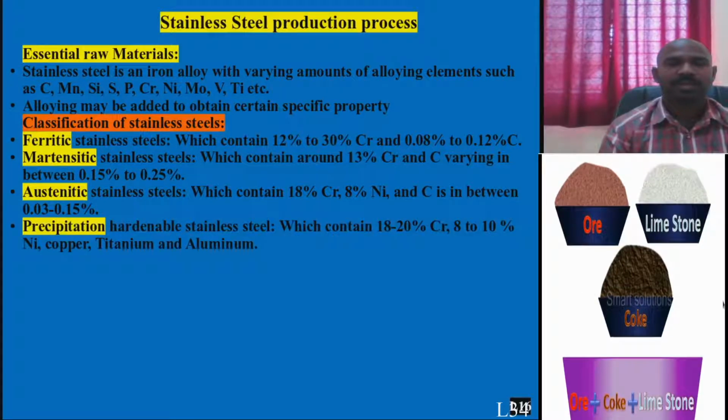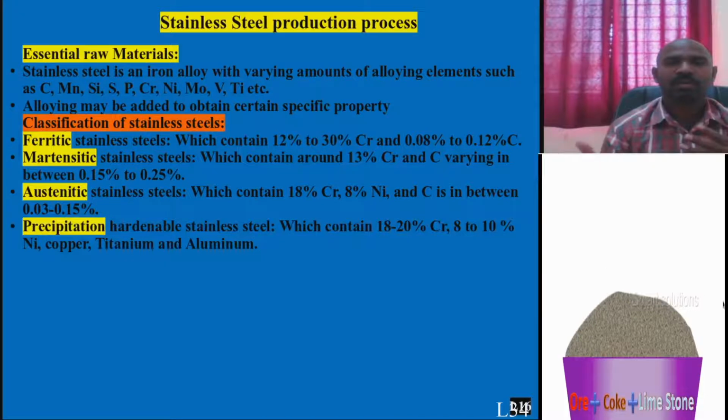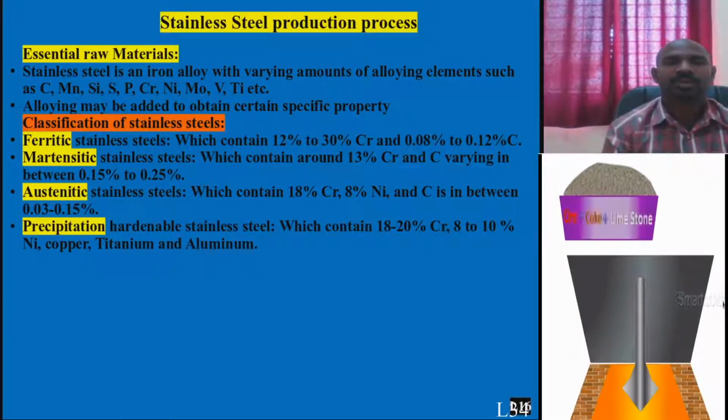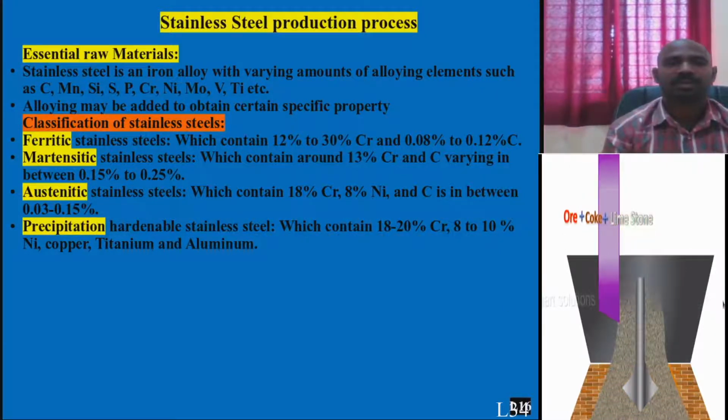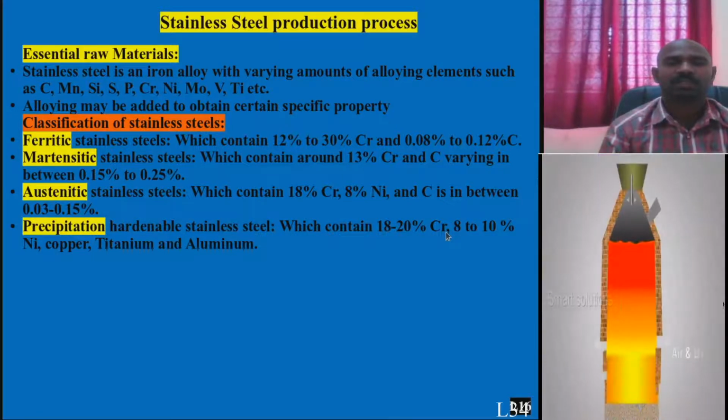Coming to precipitation hardenable stainless steel, which is required in special applications and will be focused on in the next slide, it contains 18 to 20% chromium with addition of nickel, copper, titanium and aluminium.